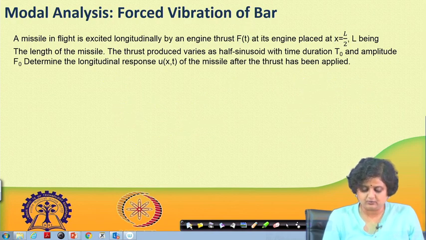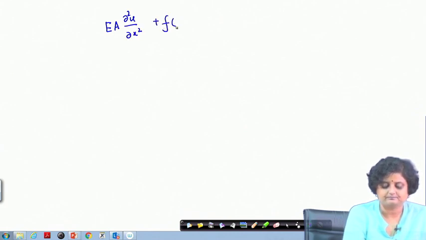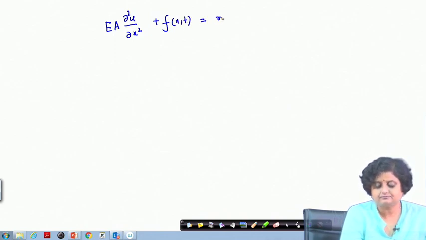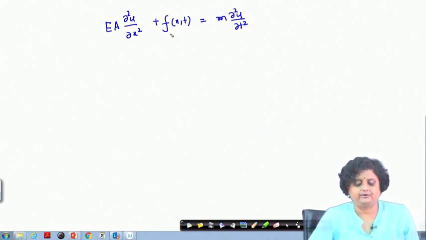How are we going to solve this problem? So, let me write down the equation of motion. This is a bar of uniform cross section, if we assume so. Now, how are we going to express F(x,t)?